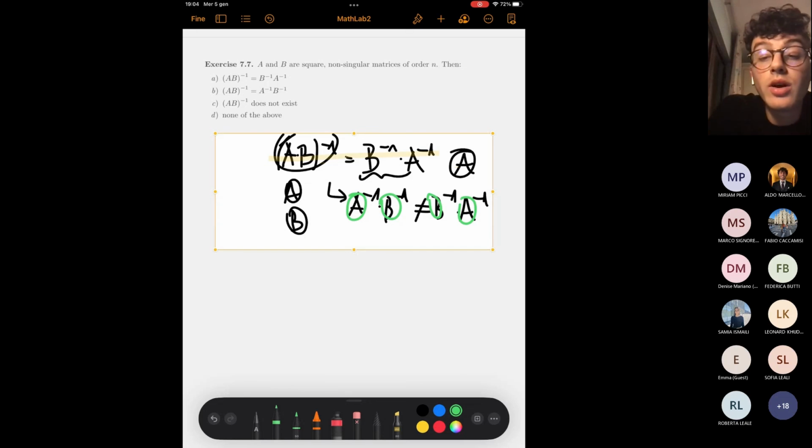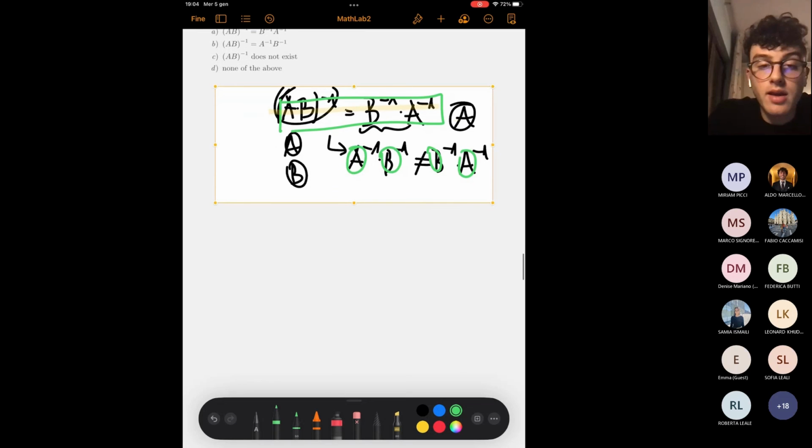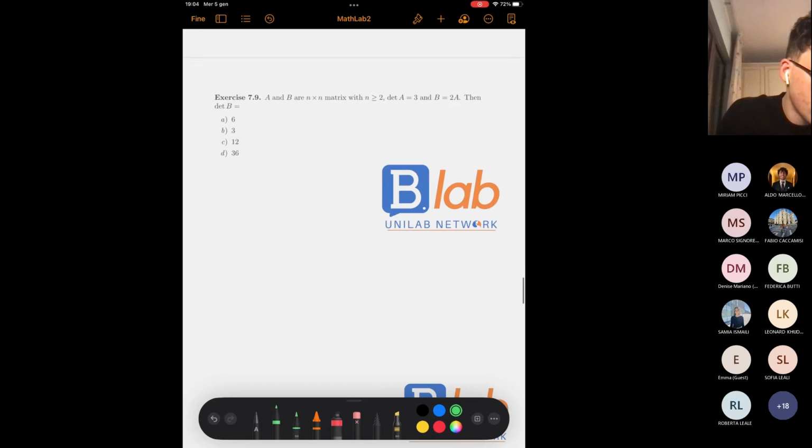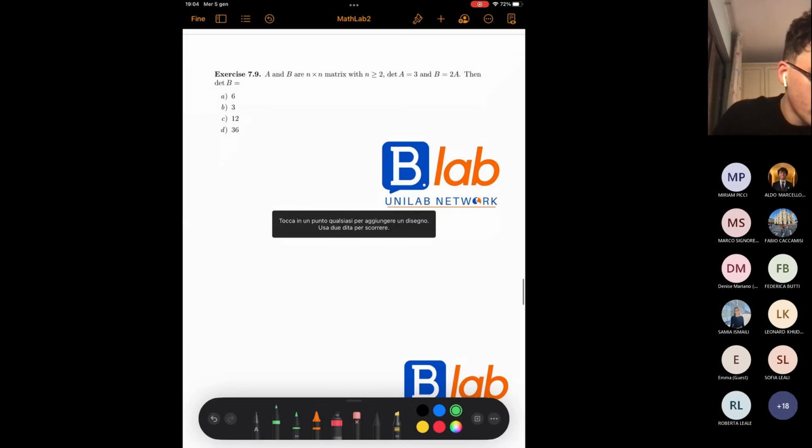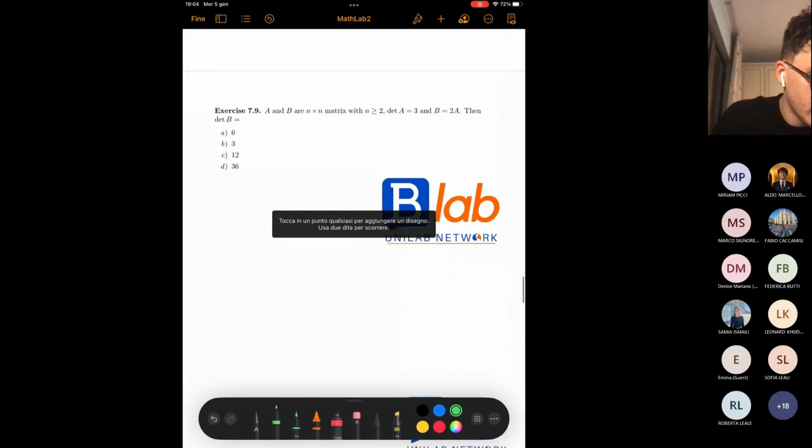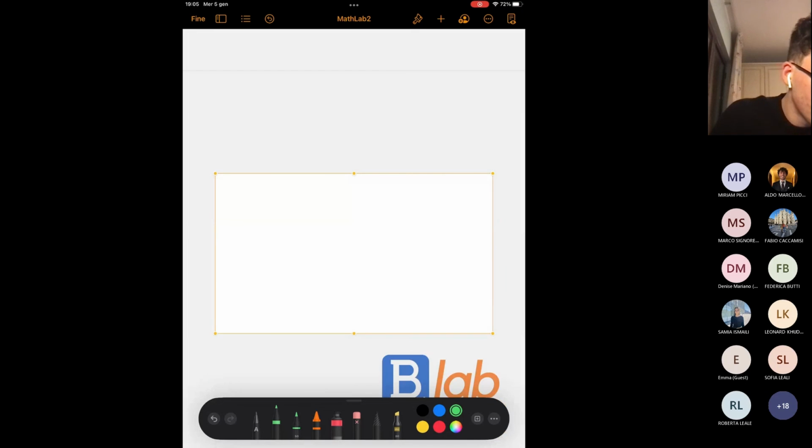They don't work like functions or numbers. So it's necessary to learn this property of the inverse of the product of matrices. And that's everything about this exercise. We now move on to this other exercise.